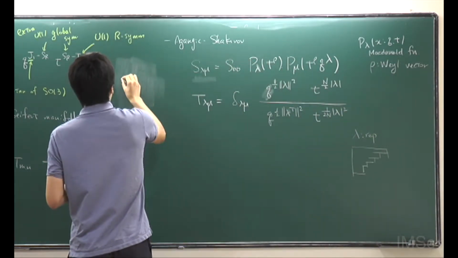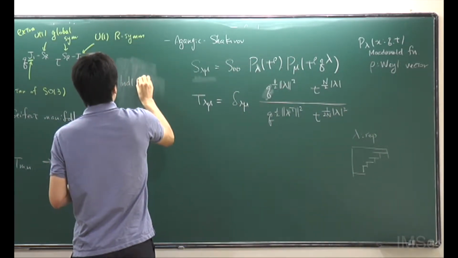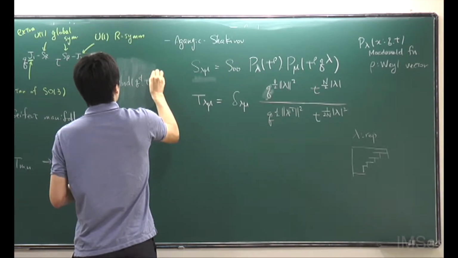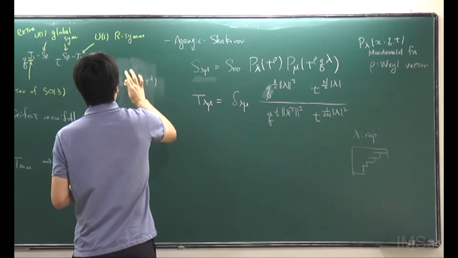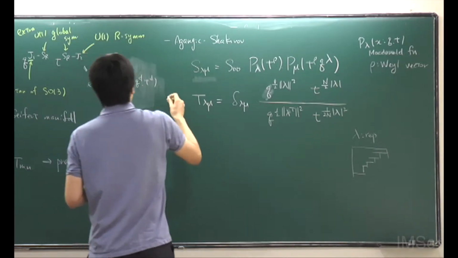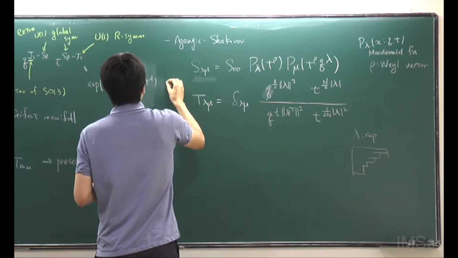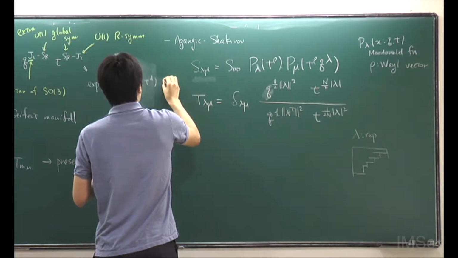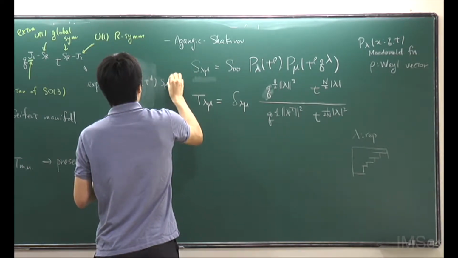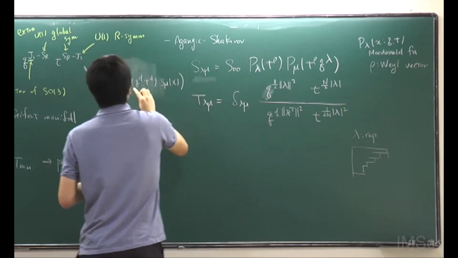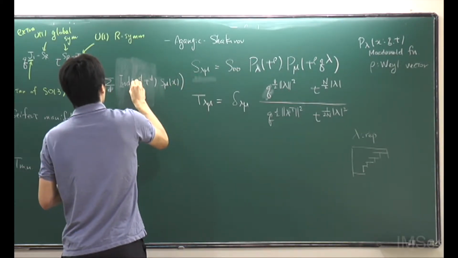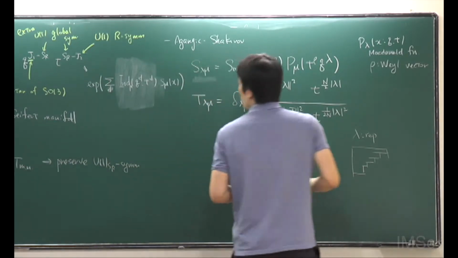So the index has the following form. It's a single-particle partition function, q to the d and t to the d, and there is an index, with some flavor symmetry S mu of x.